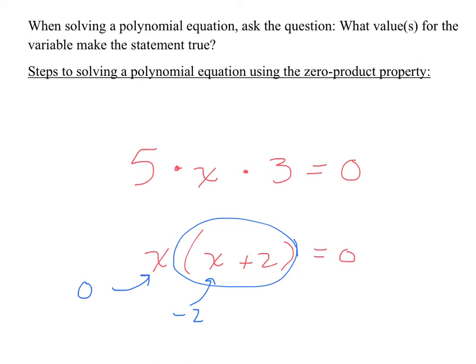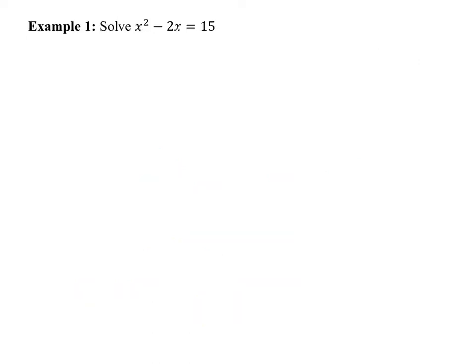So now let's take a look at our first example. Use the steps, please. Try it on your own. I know it's the first one, but try it on your own.